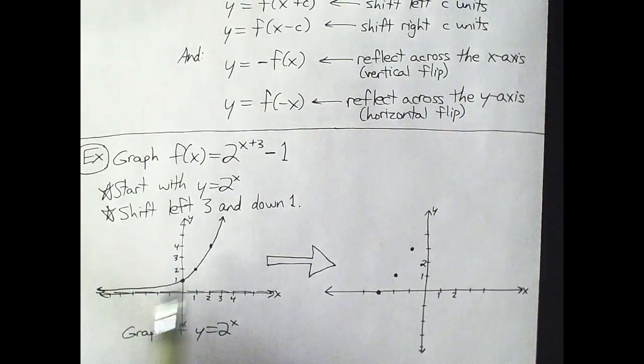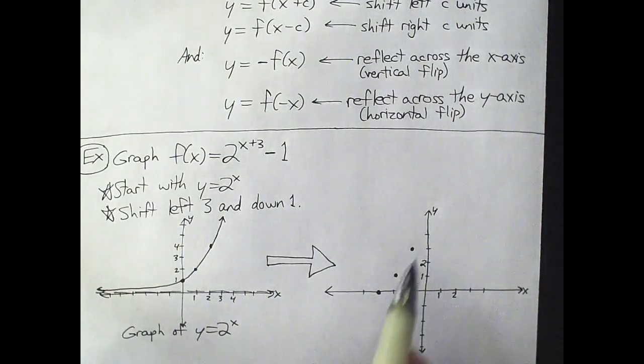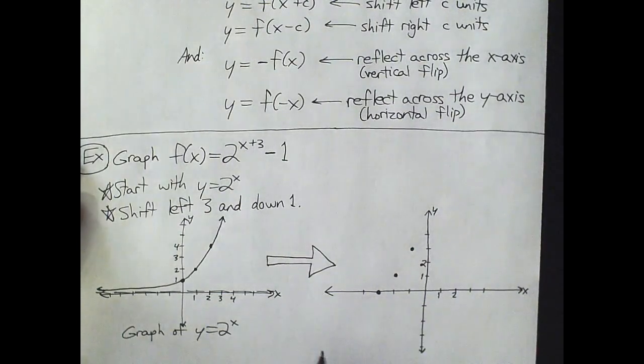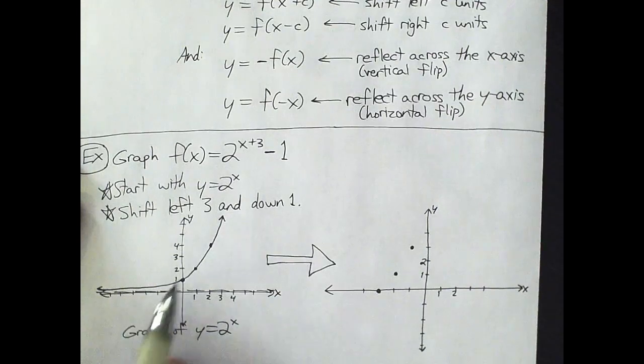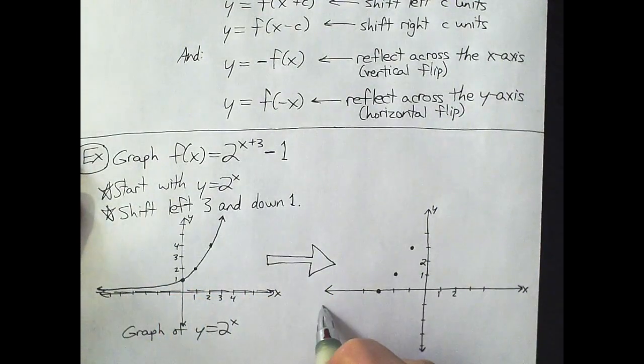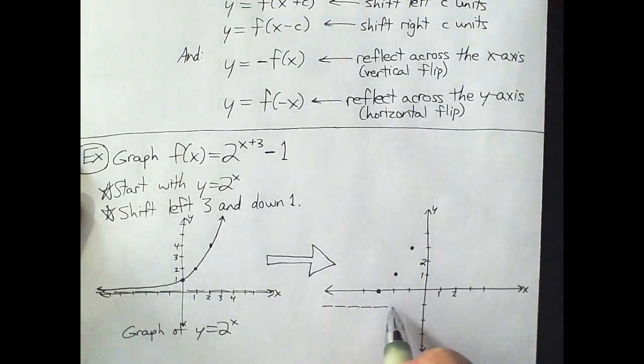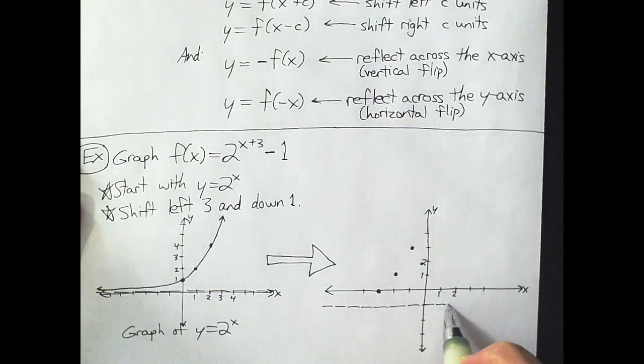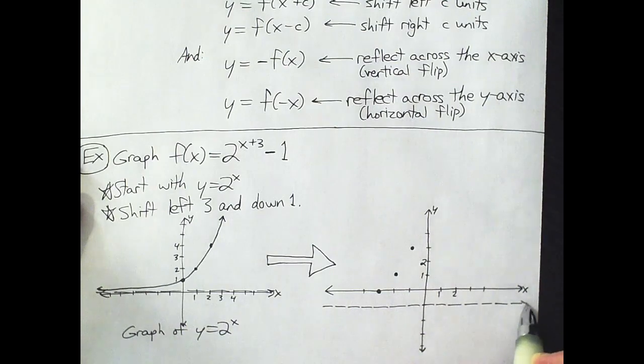So I'm imagining we need the same overall shape. We can draw that in. I think something else I'd like to do to make sure that this picture turns out well is let's draw the asymptote. The asymptote was at y = 0, but when you shift the picture down, the asymptote gets shifted down as well. It actually doesn't matter that this asymptote got shifted left, but it does matter that it got shifted down.